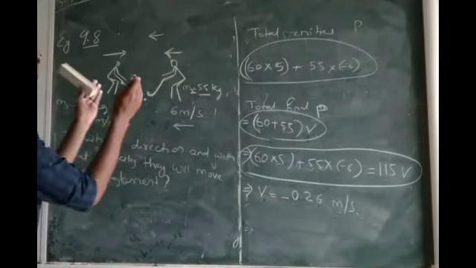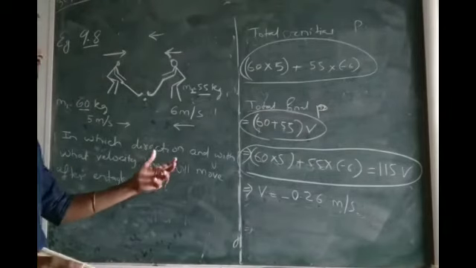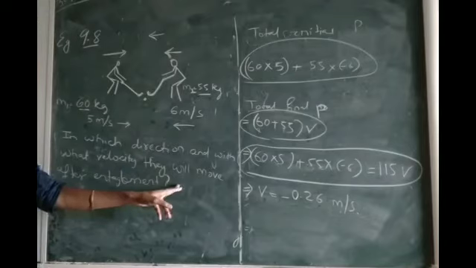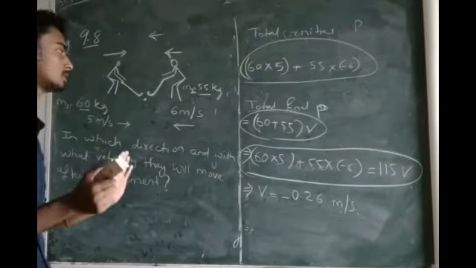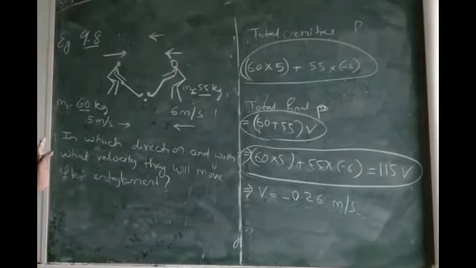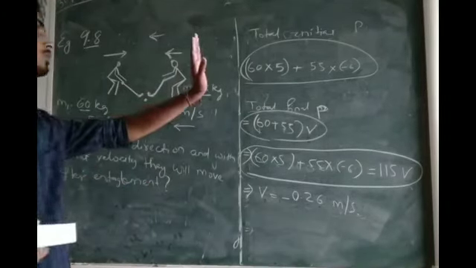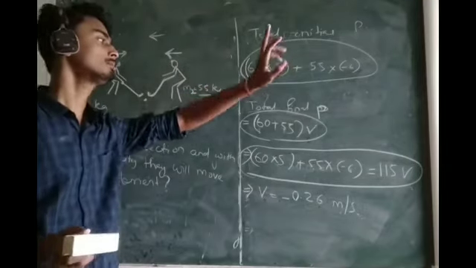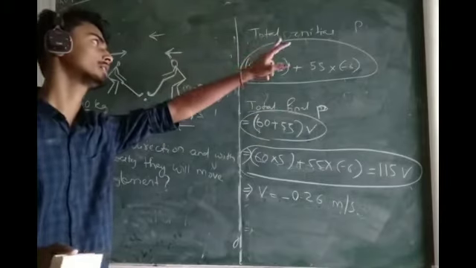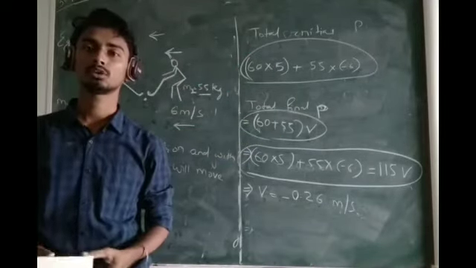After the entanglement, what will be the value and the direction of their final velocity, it has asked. So here we have to calculate the total initial momentum and the total final momentum and equate them, because we know that momentum is always conserved.